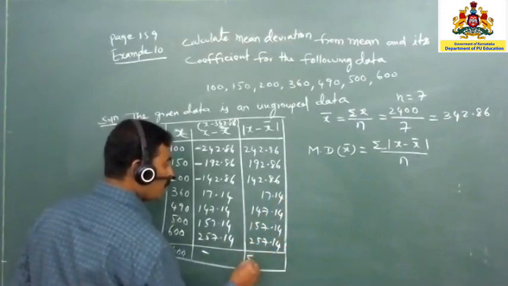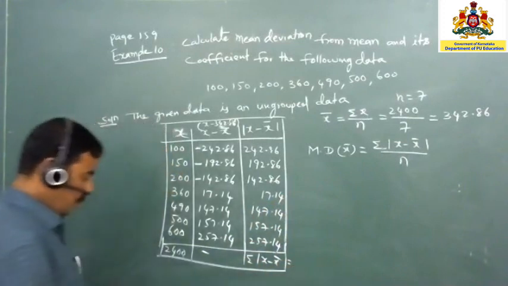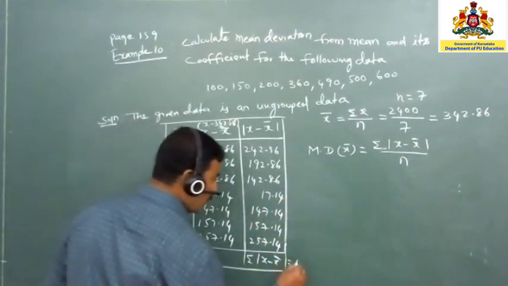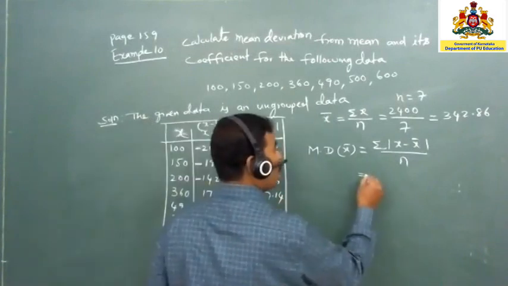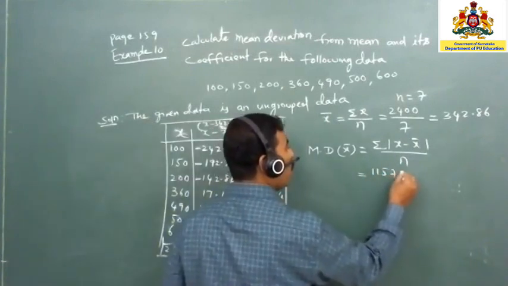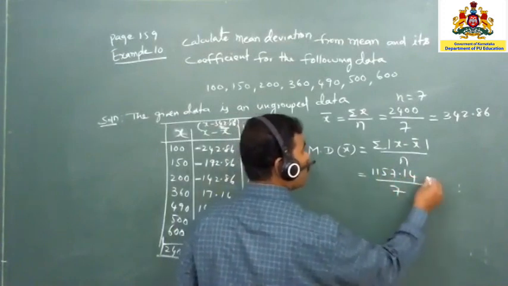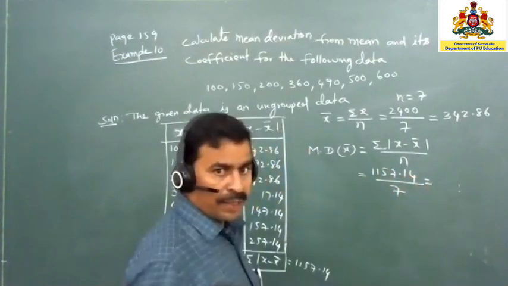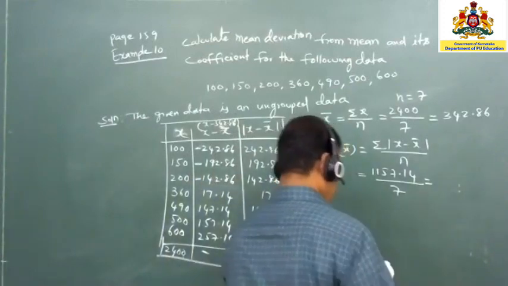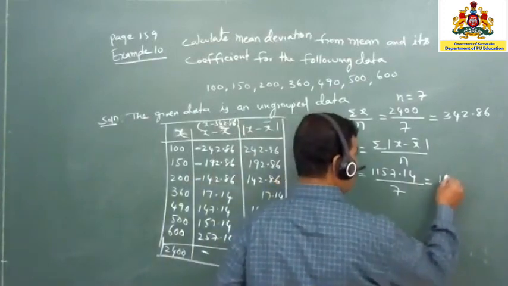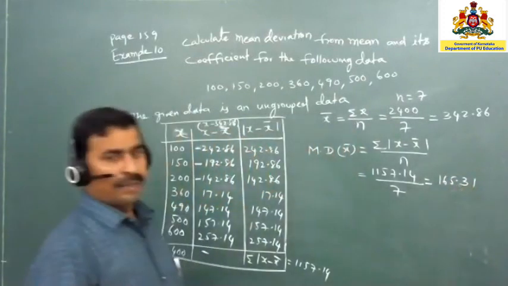The total of modulus x minus x bar is 1157.14. Substituting, 1157.14 by n, 7, the answer is 165.31. Use the calculator and find the answer.